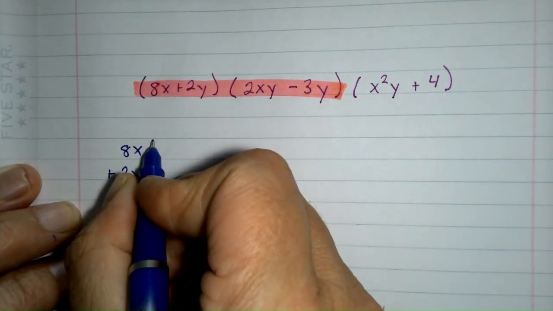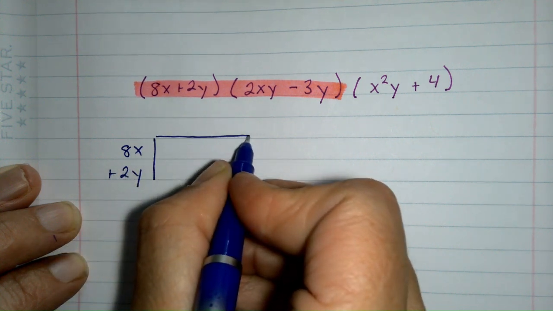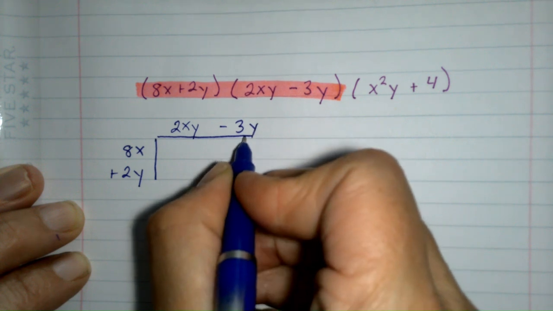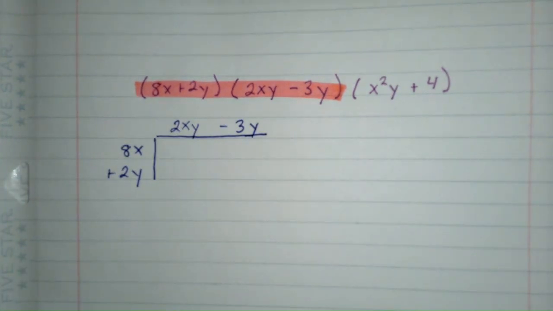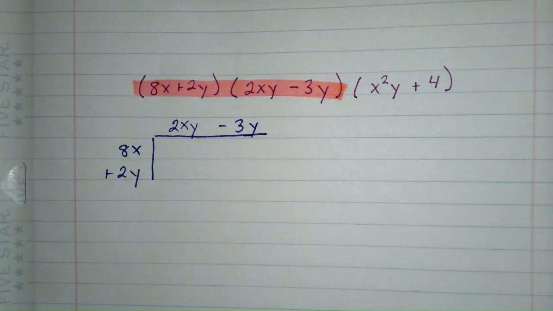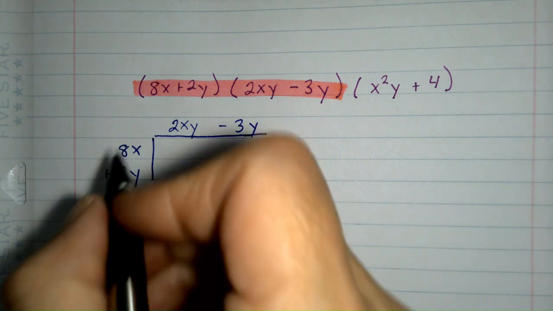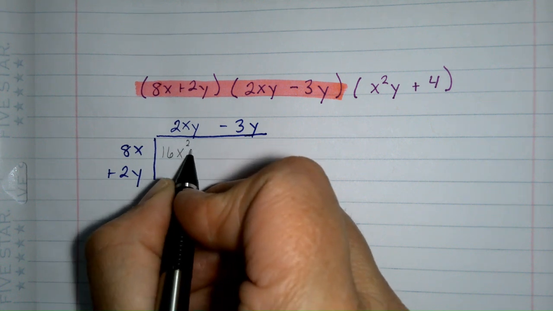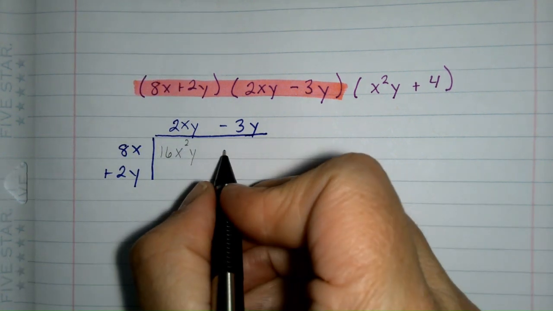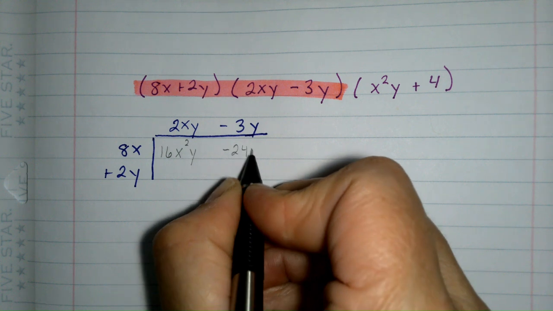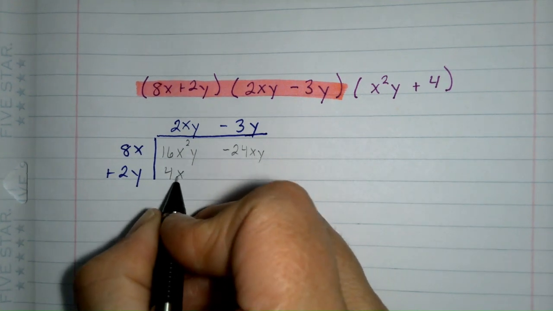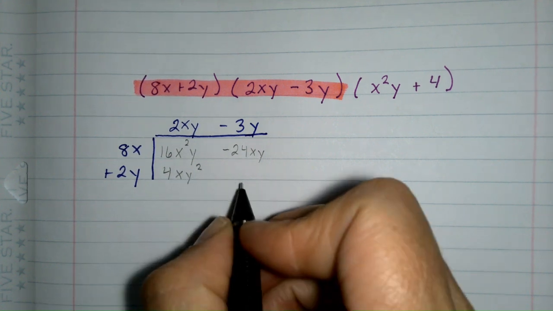Do I care which one goes on the side and which one goes on the top? No, I don't. I don't even care if you actually draw the boxes. I just like having it lined up. Okay, so 2 times 8, x x y. Negative 3 times 8, an x and a y. 2 times 2 is 4, an x and a y squared.